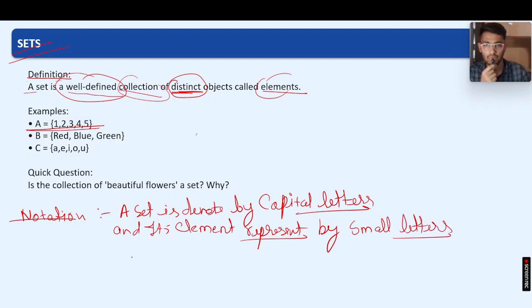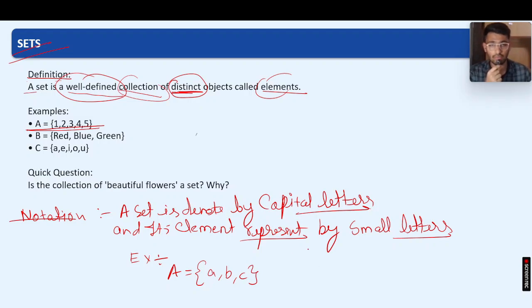For example, set A, any alphabet you can take, and the elements in it are denoted by small letters, that is small a, b and c. I'm just taking three elements, and the elements are denoted by small letters.